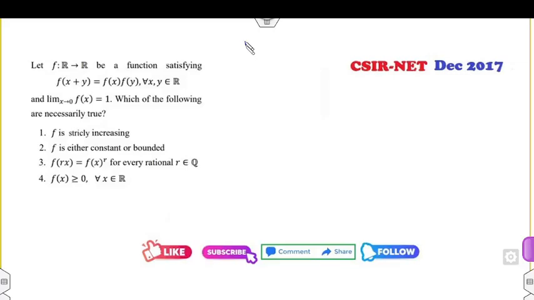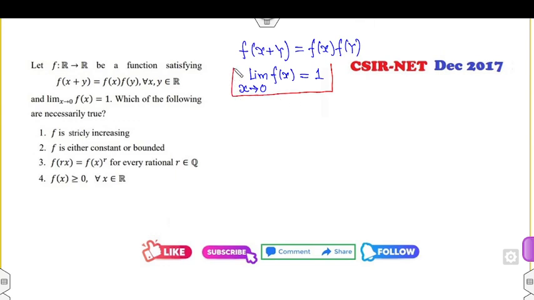Now look at this. f is a function which satisfies this property: f(x+y) is f(x) times f(y), such that the limit of f(x) is 1 as x approaches 0. We will look at the options later on. Can you think of any function which satisfies this property?